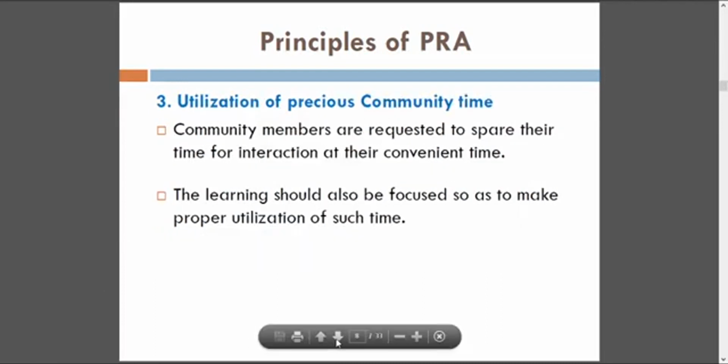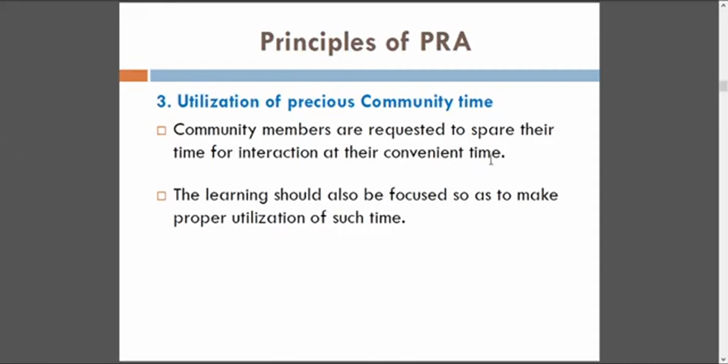Then the third principle is utilization of precious community time. Now we all know that when we go to the community, for example in the rain season, they are plowing, planting, and weeding. Then in the dry season, in most cases they are harvesting and drying their produce. So every little time that you get from community people is precious to them. So you should properly utilize this time and ensure that you only go there at their convenience.